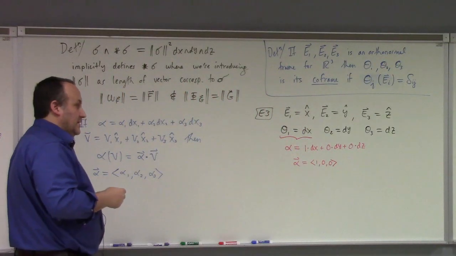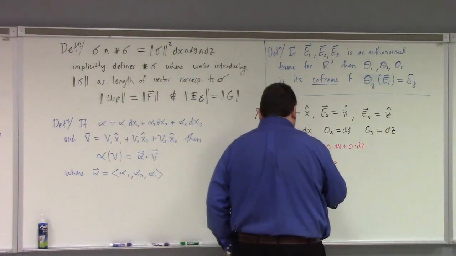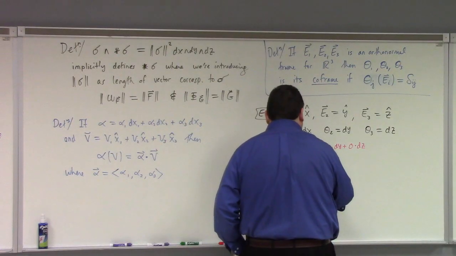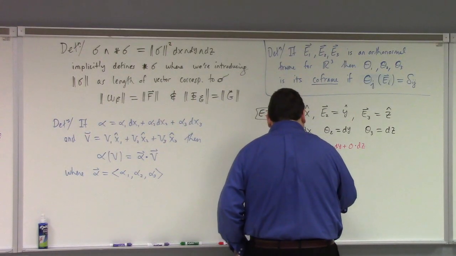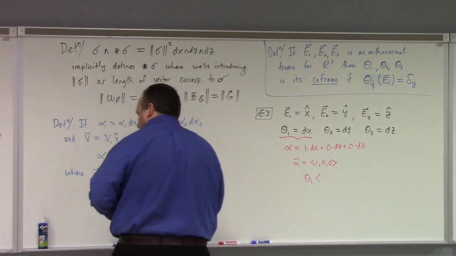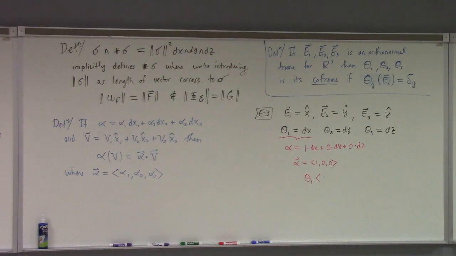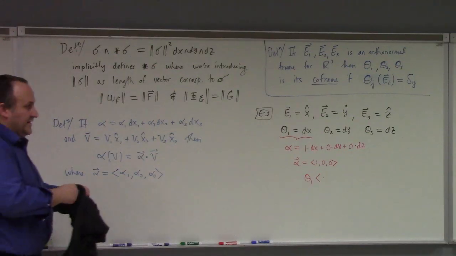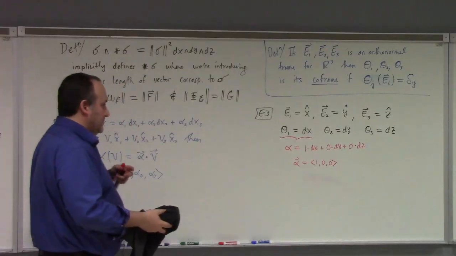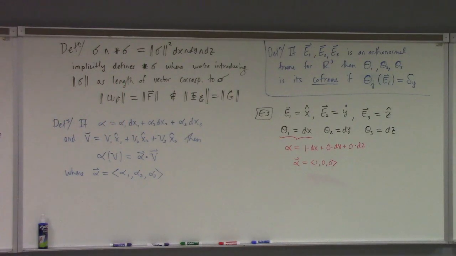Yeah? If you sort through the definition I just wrote down, you can see that makes theta 1, theta 2, and theta 3 the coframe to the Cartesian frame. All right.